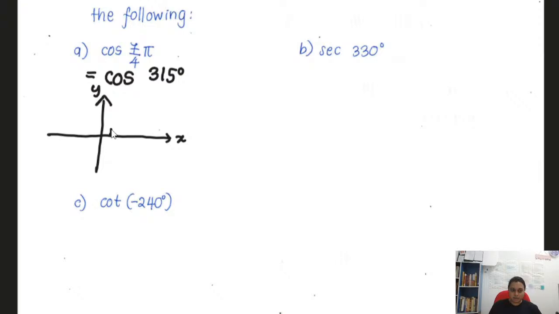315, 315 sampai ke sini. Okay, we need to find this part is how much. So 360 tolak 315. So we get 45. Okay, how to find the value? You have to draw the triangle.